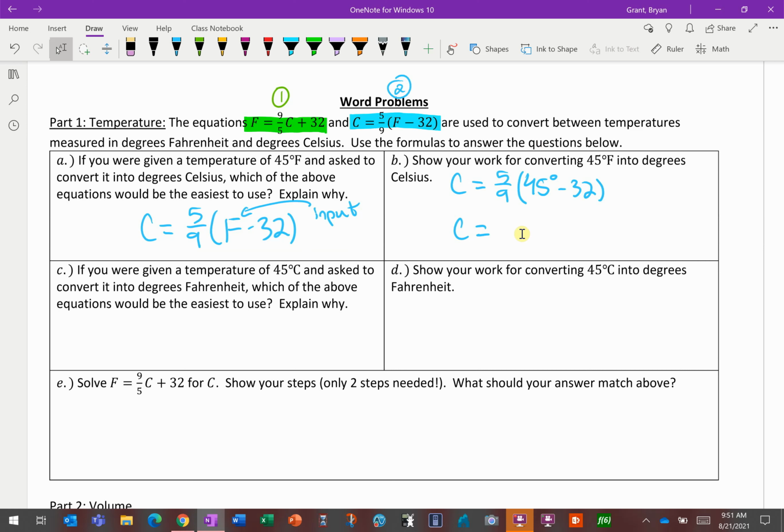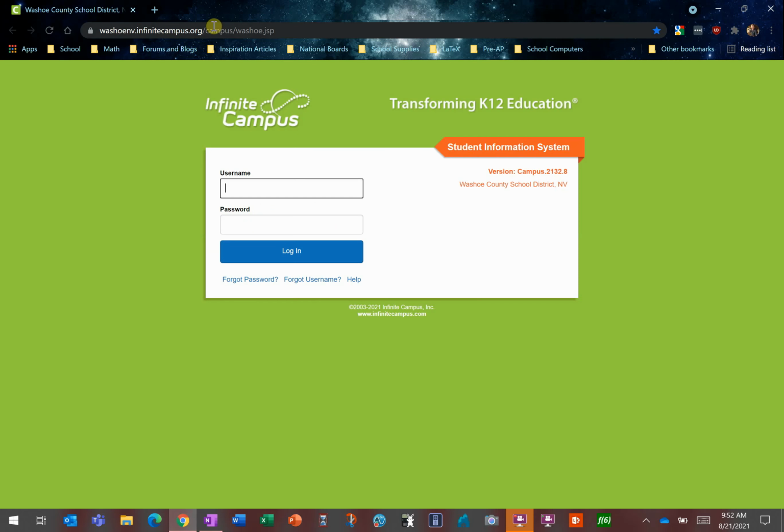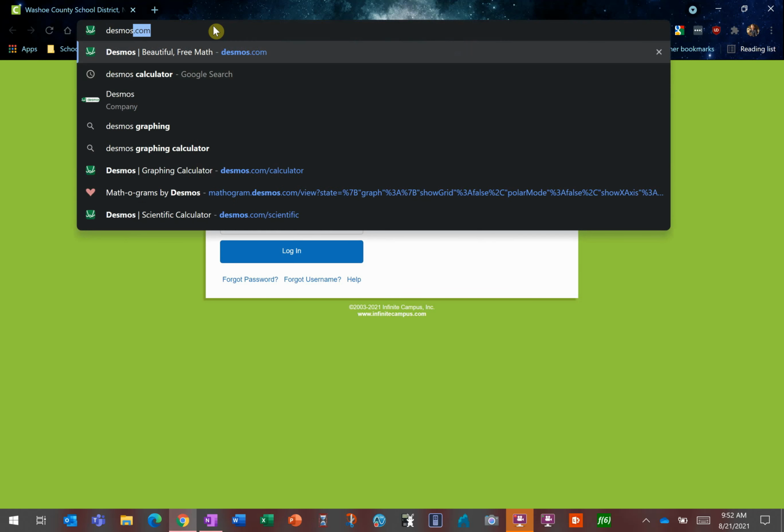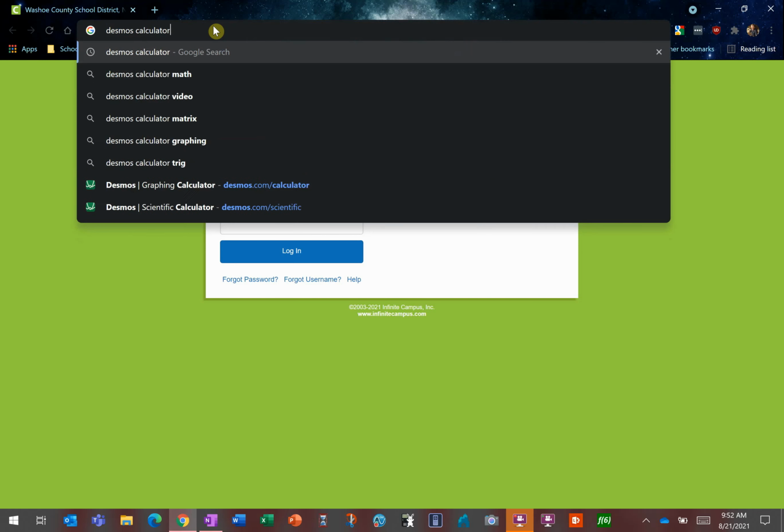This exists in every app store, and if you don't have space on your phone, you can also use your internet browser. The app itself is super small. It's only a couple megabytes. It's not going to take up a lot of space. But I'll show you how to find it on a browser. So I'm just going to go to Desmos, and then calculator.